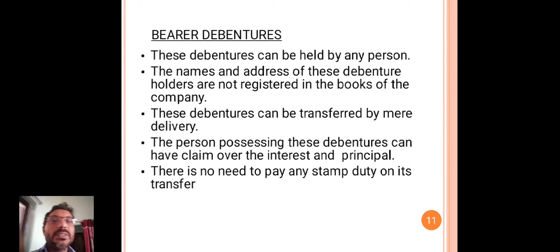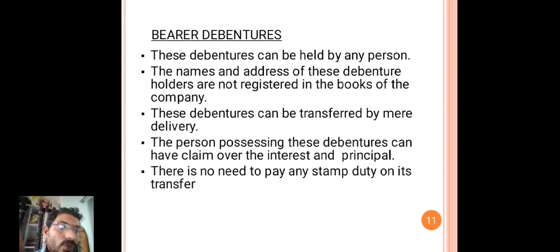The person possessing these debentures can have claim over the interest and principal. There is no need to pay any stamp duty on its transfer.